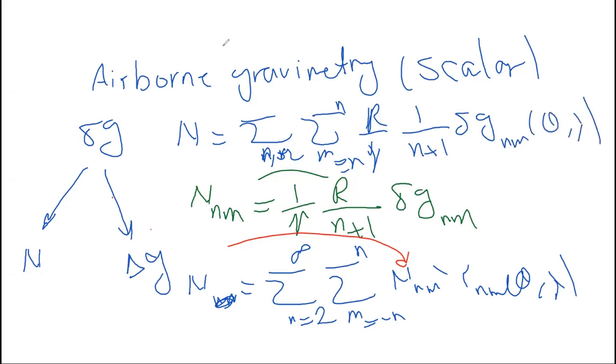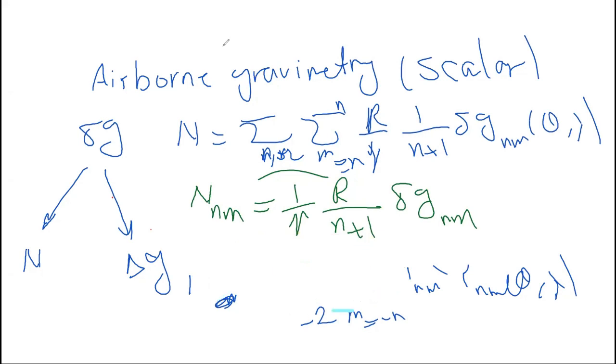However, there is something that we need to explain here, because this equation that I wrote is valid for the case that the gravity disturbance is at the surface of the sphere. But we are talking about airborne level.